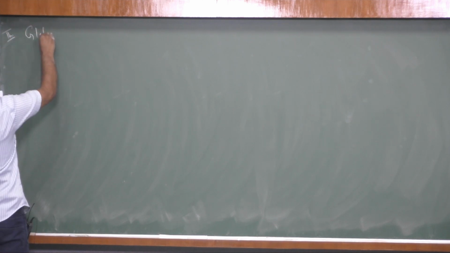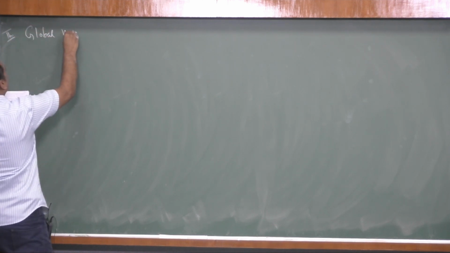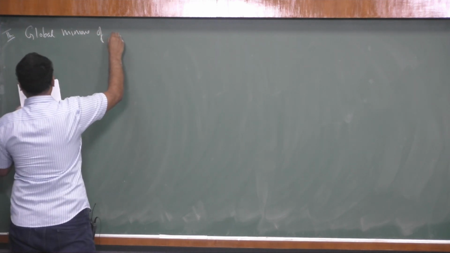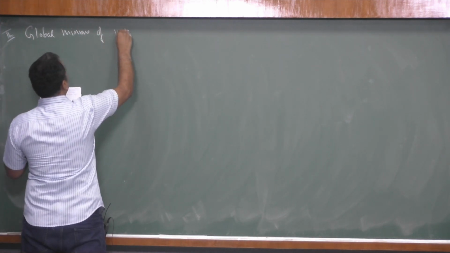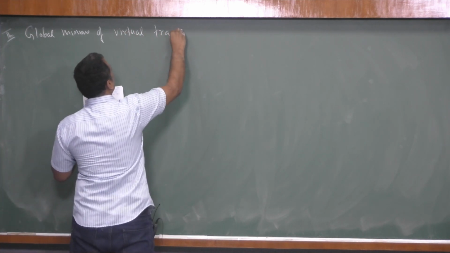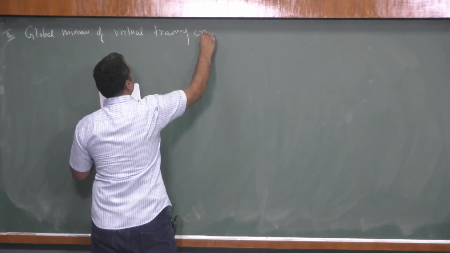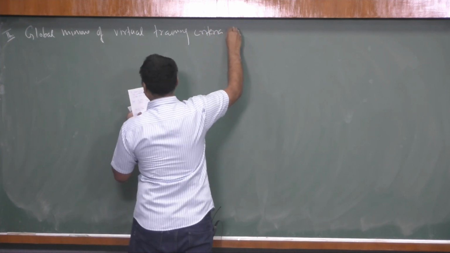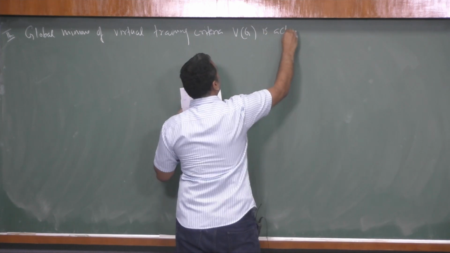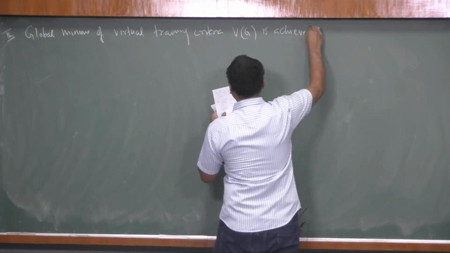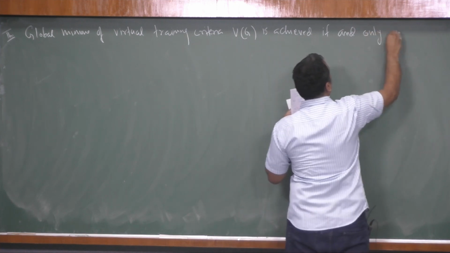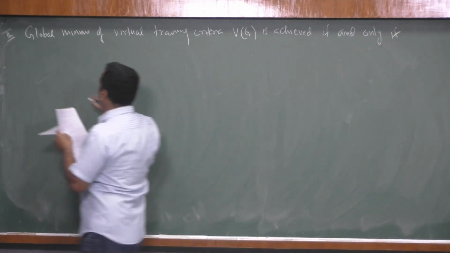Global minima of the virtual training criteria VG is achieved if and only if PG is P data.